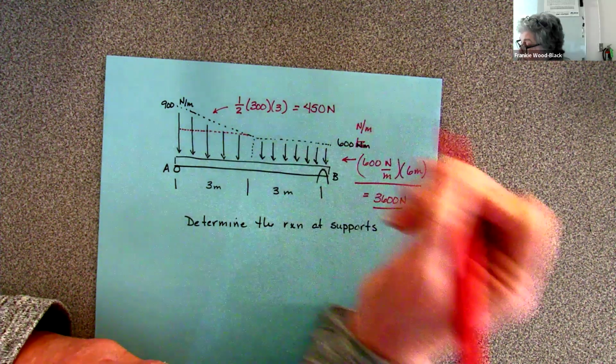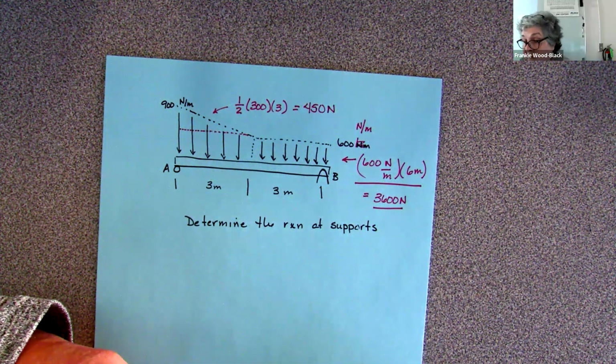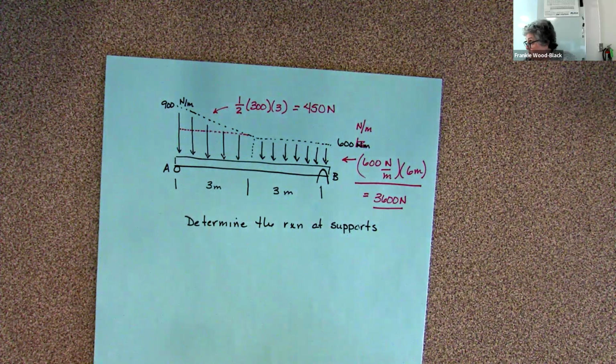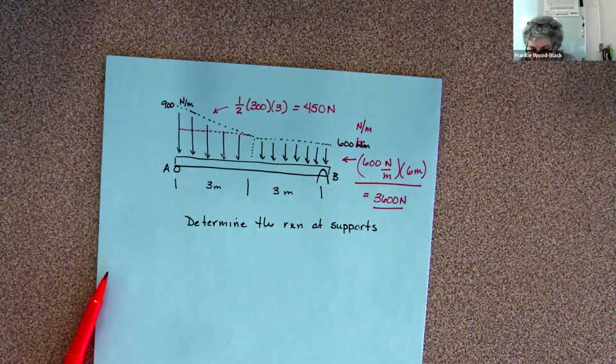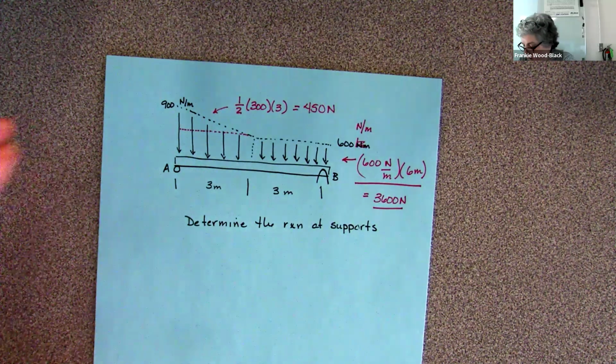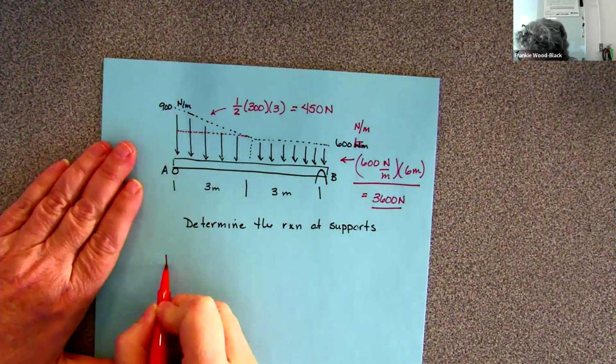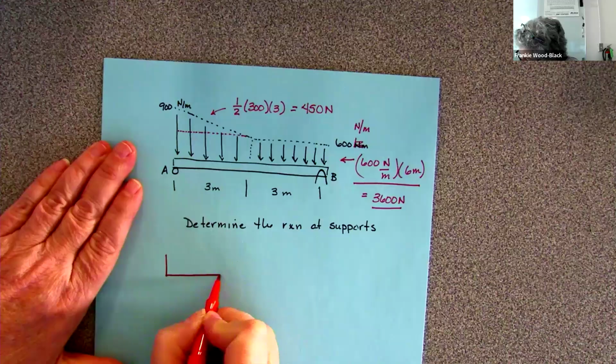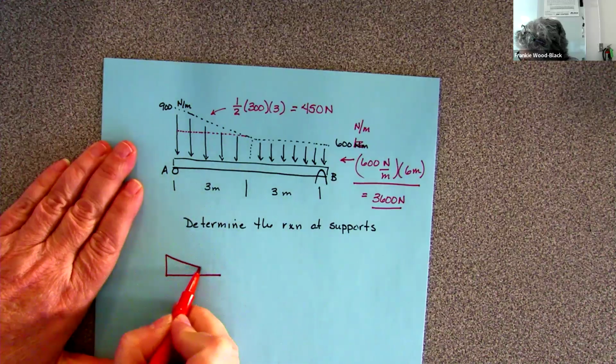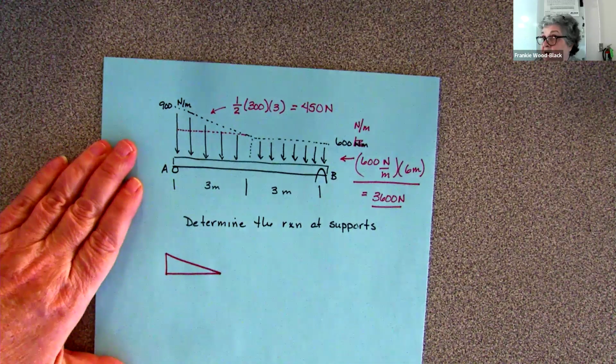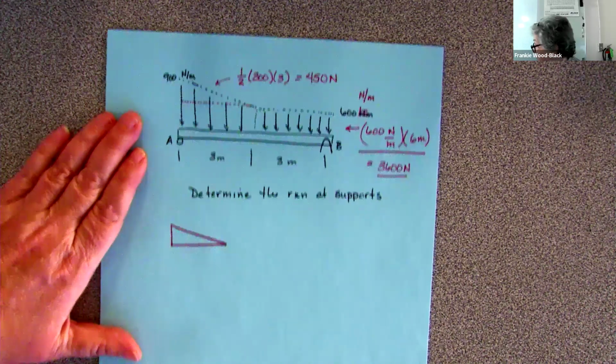450 newtons. Now, if you have your FE manual or the appendix in the back of the book or several other sources, we know where the center of mass of a triangle is. I've got a triangle that's evenly distributed.